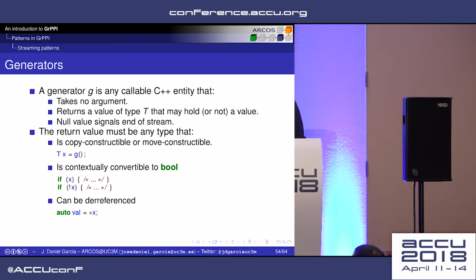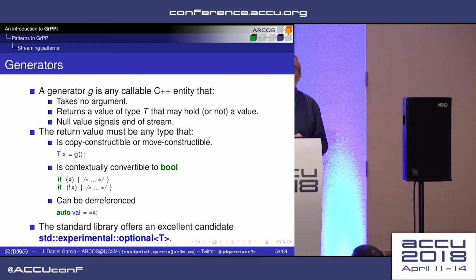It's not the only one, and you can use your own type. We do not require in any way that you use optional. You need to use something that behaves like an optional. A pointer also works, but then you need to take care of memory management, and probably the performance is not going to be as good in some cases, especially for very simple values.